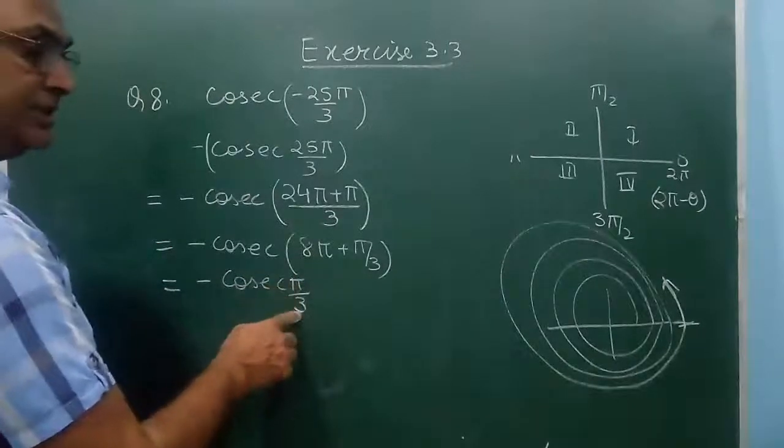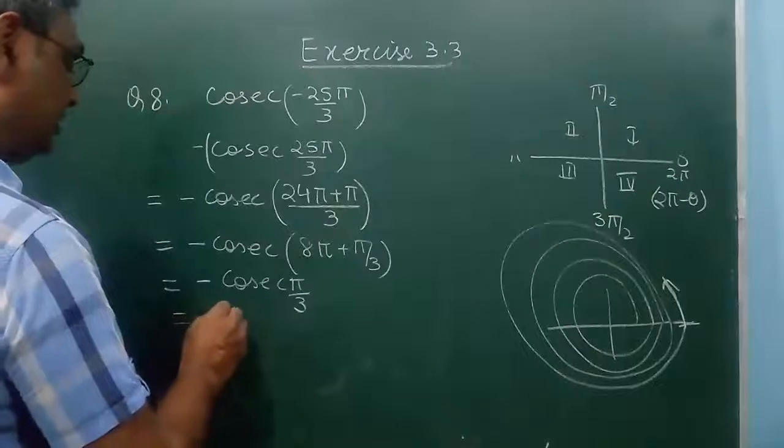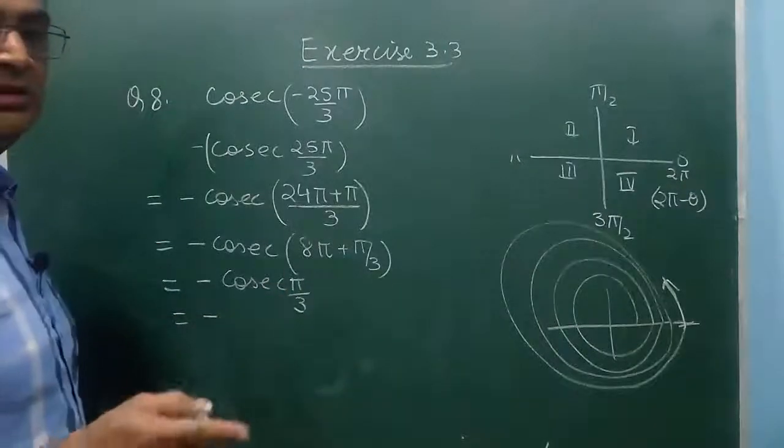Pi by 3 means 60 degree, and what is cosec 60? Sin 60 is root 3 by 2.